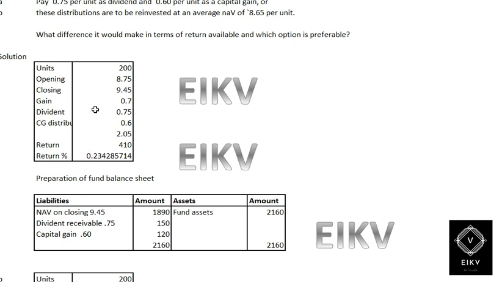When it is multiplied with 200 units, you will get the total return as 410. And then for computation of return in percentage, we need to take the 2.05 as the total return divided by the opening value, which is 8.75, which will give you the return of 0.23, which is 23%.